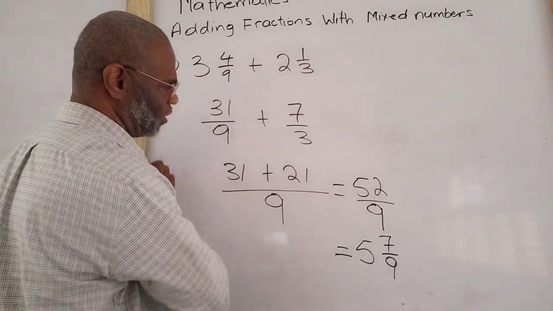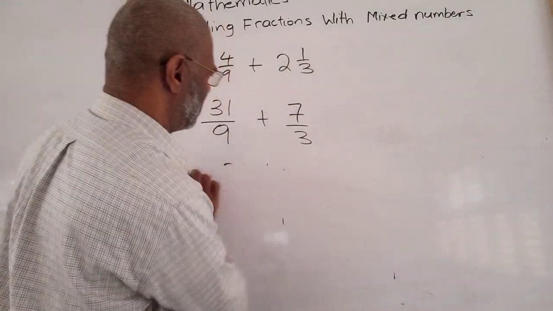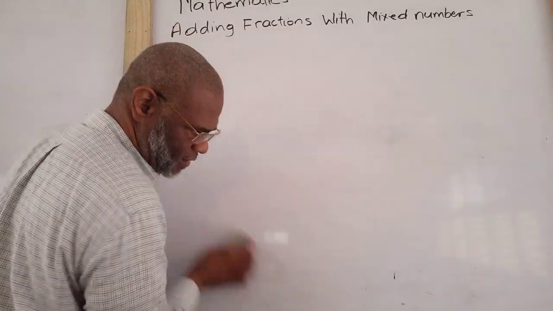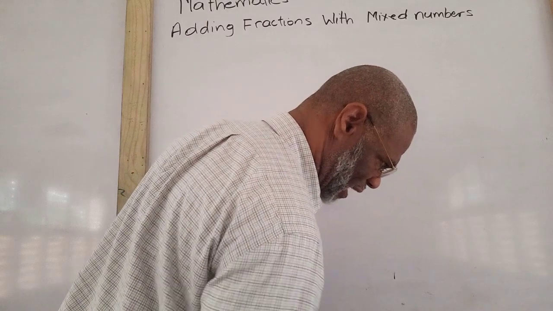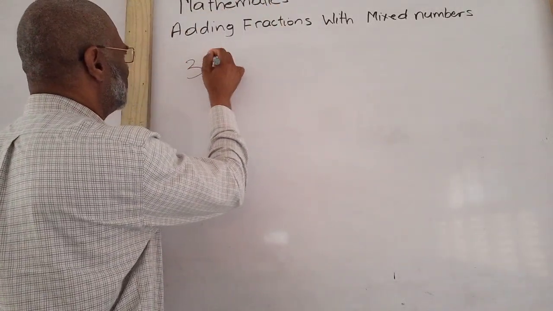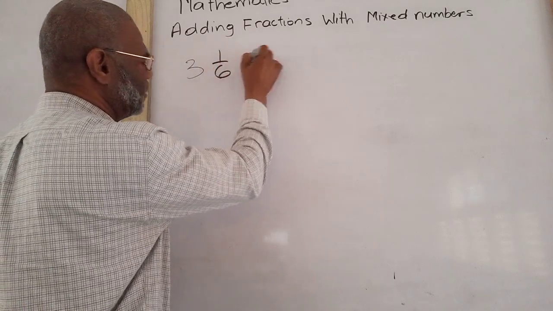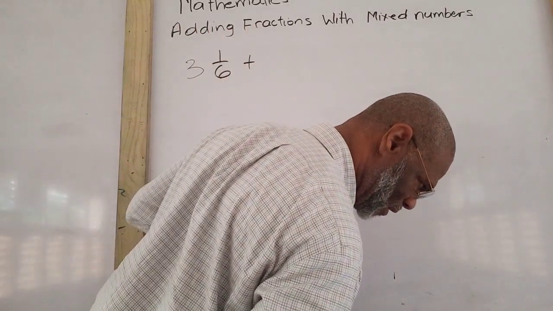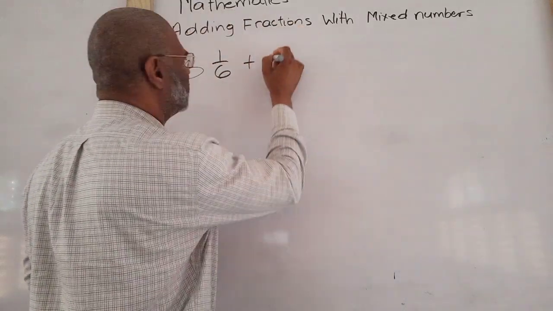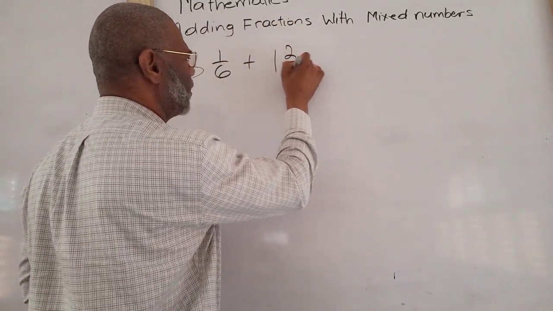Alright, so let's do another one. So we have 3 and 1/6 plus 1 and 2/3.